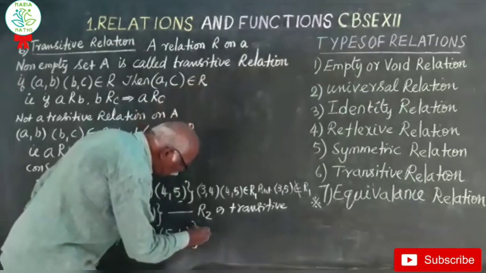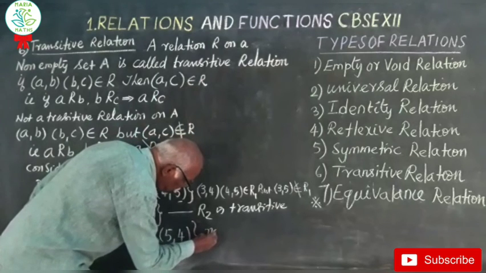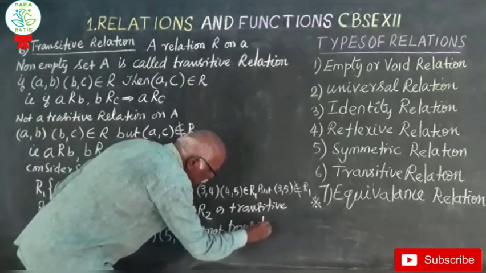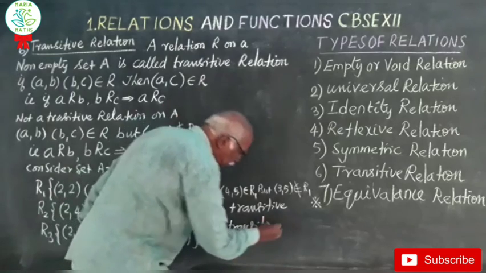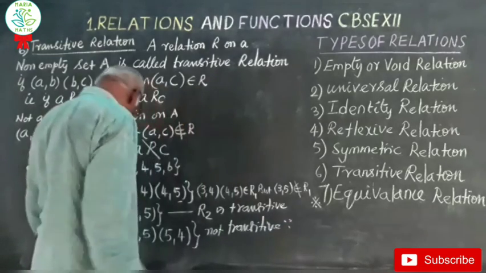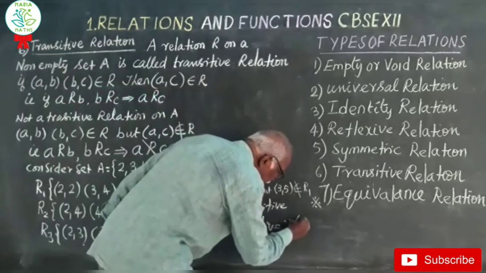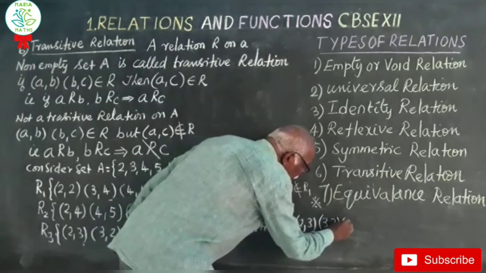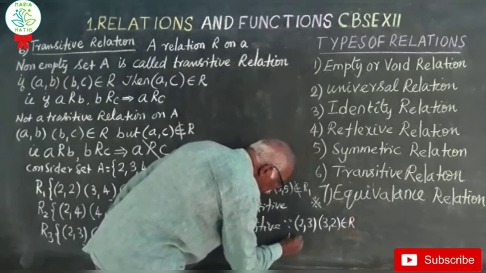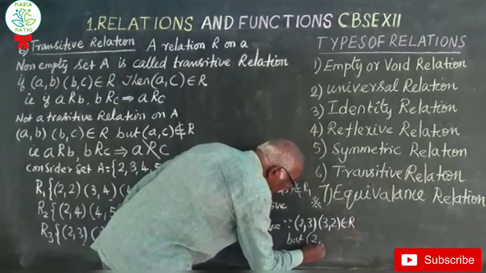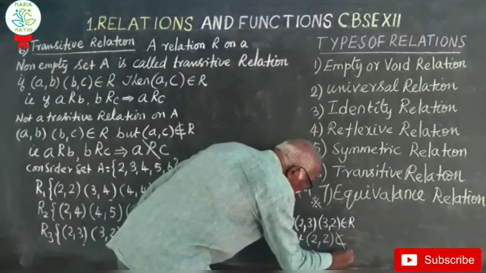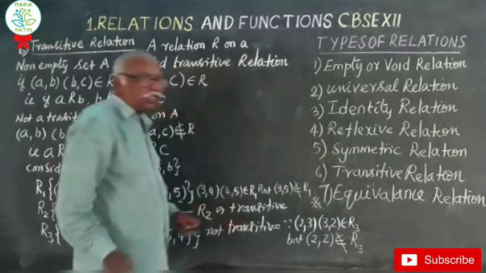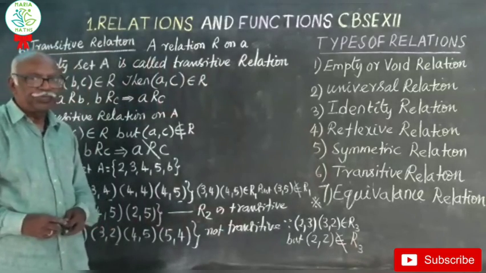R3 is not transitive. Since (2, 3) and (3, 2) belong to R3, but (2, 2) does not belong to R3. Therefore, R3 is not a transitive relation.